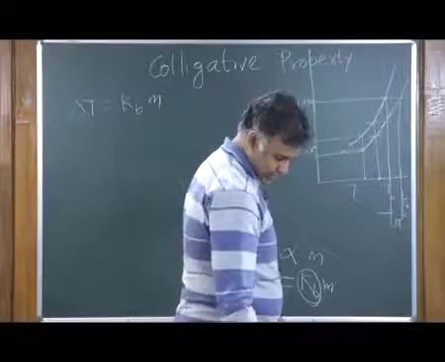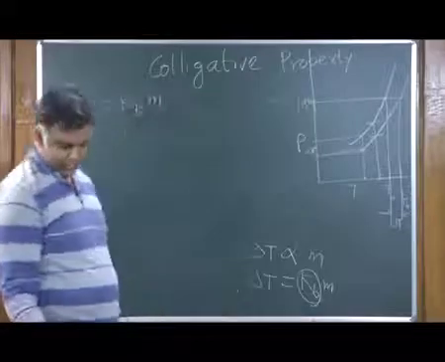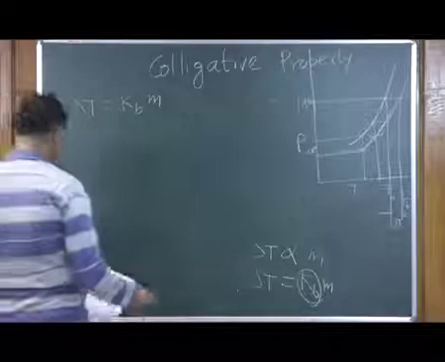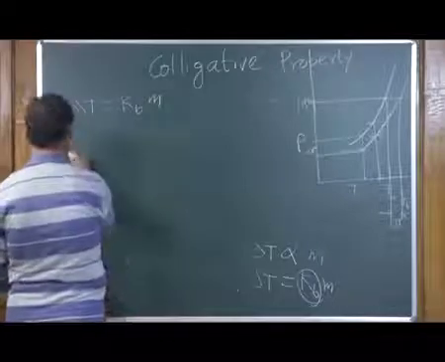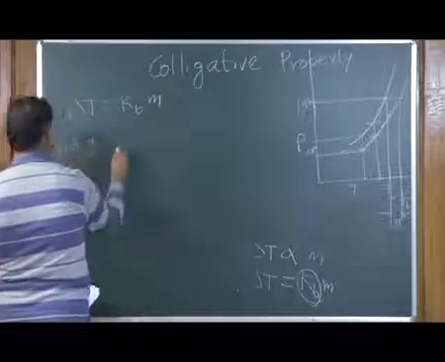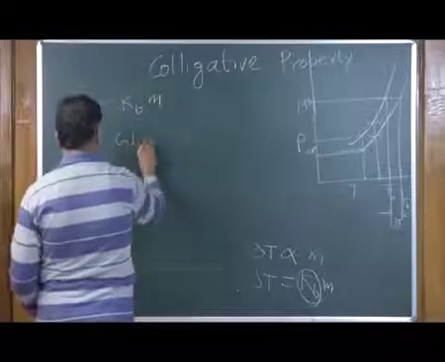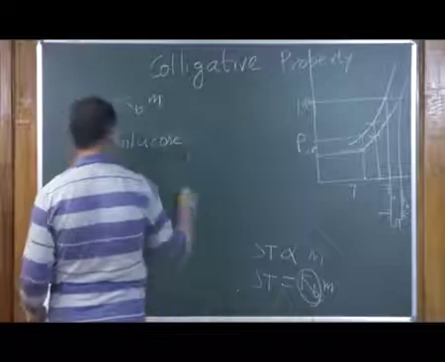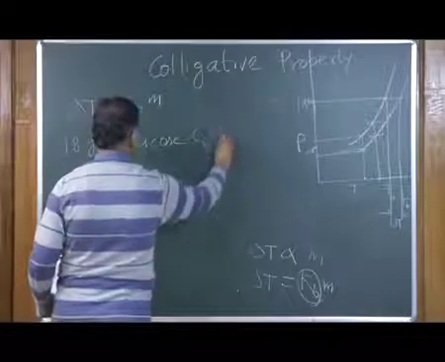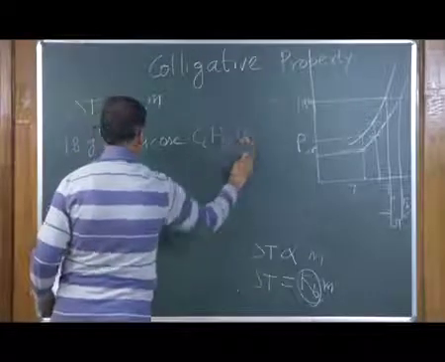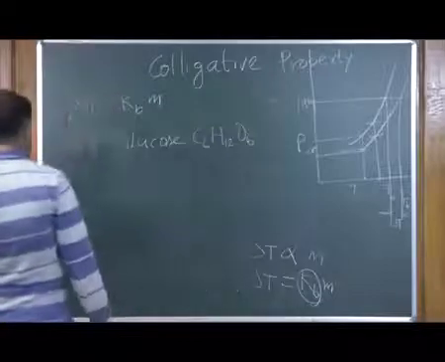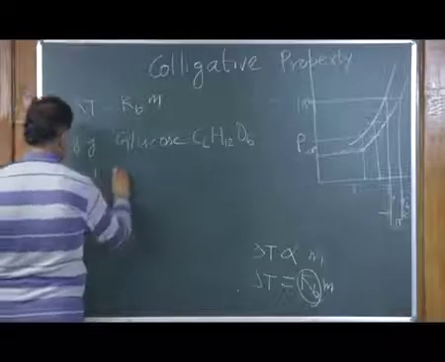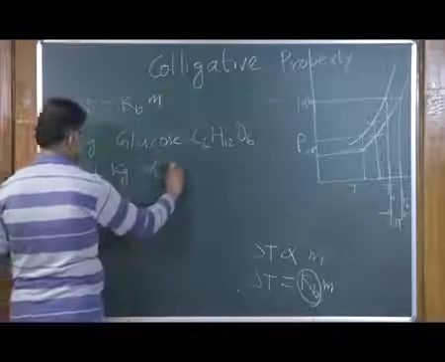Okay. Let us do one example. Here, 18 gram of glucose, that is C6H12O6, is dissolved in 1 kg of water.